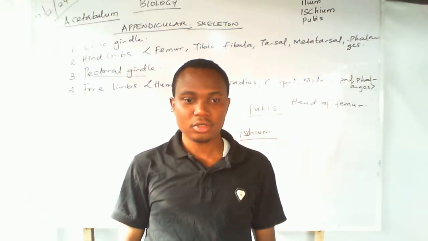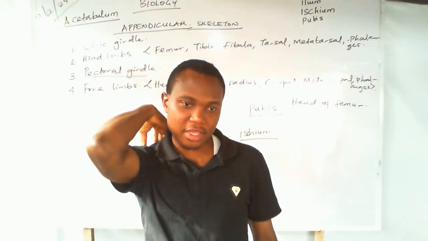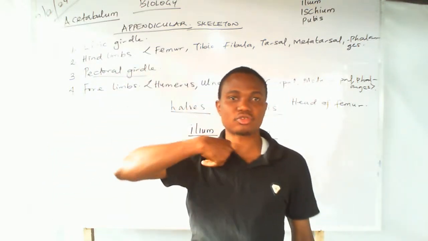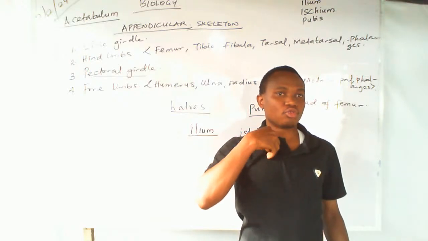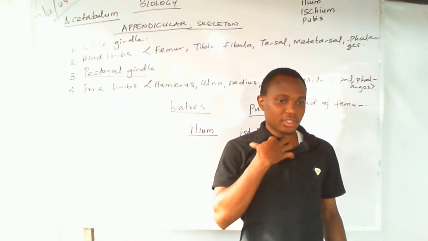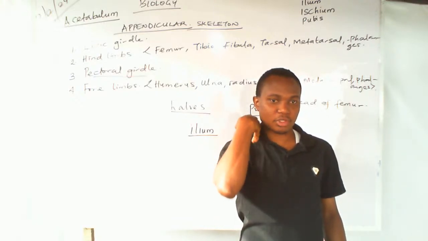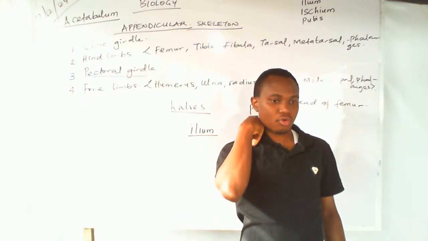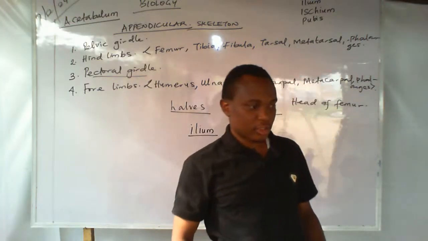That's your scapula, at the back here. Your clavicle is right here. You may feel it's part of your rib. It's not part of your rib, it's different. It is the one that provides the attachment for your shoulder.